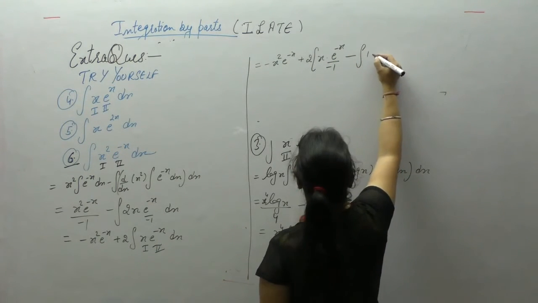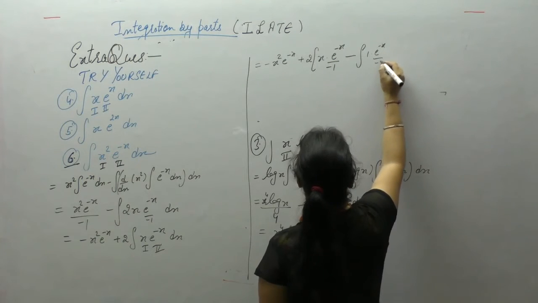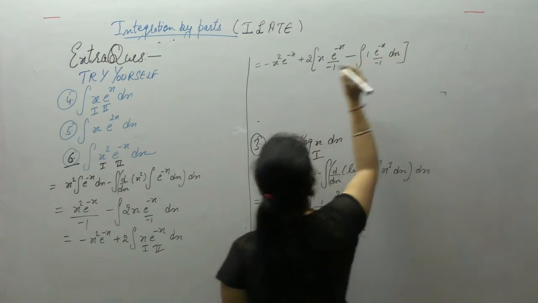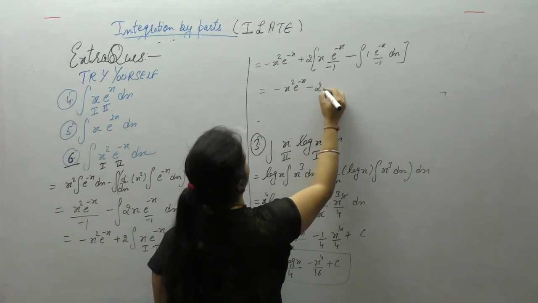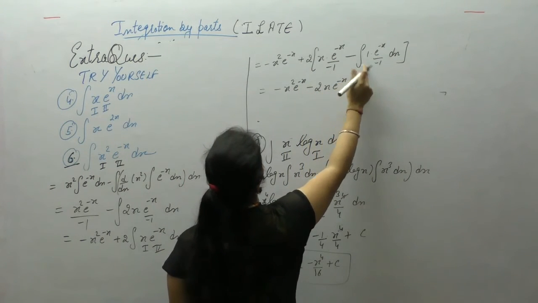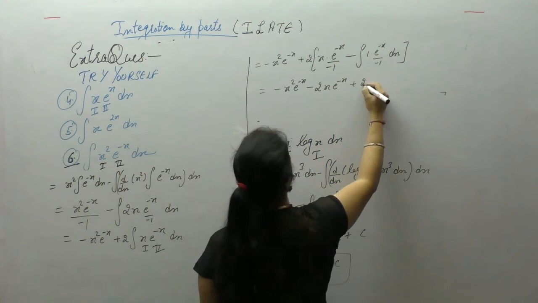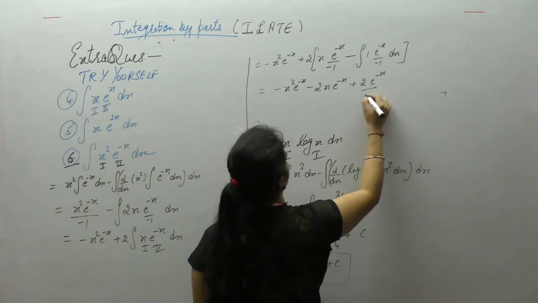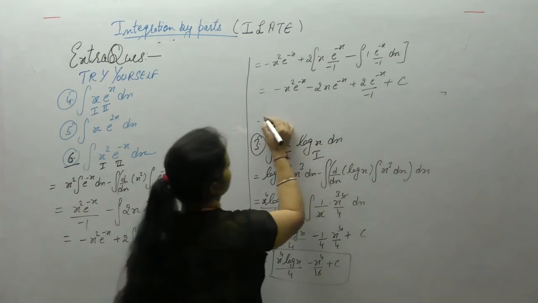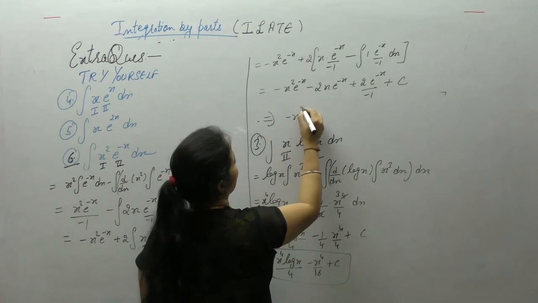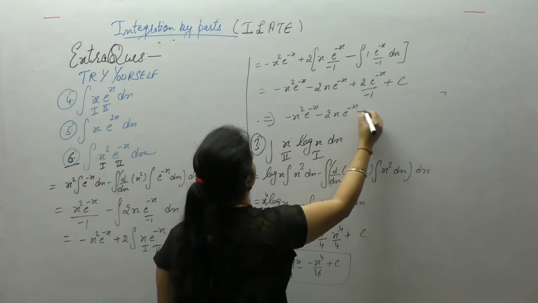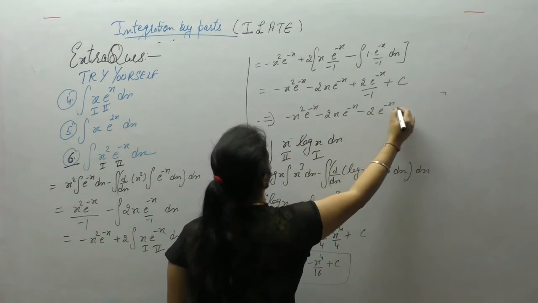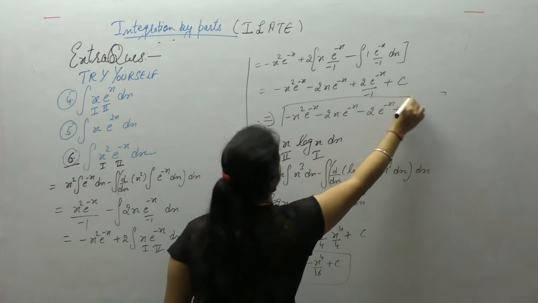Integral of derivative of x is 1. Minus x square e power minus x, minus 2x e power minus x, minus minus plus 2 integral of e power minus x. Minus x square e power minus x, minus 2x e power minus x, minus 2 into e power minus x plus c.